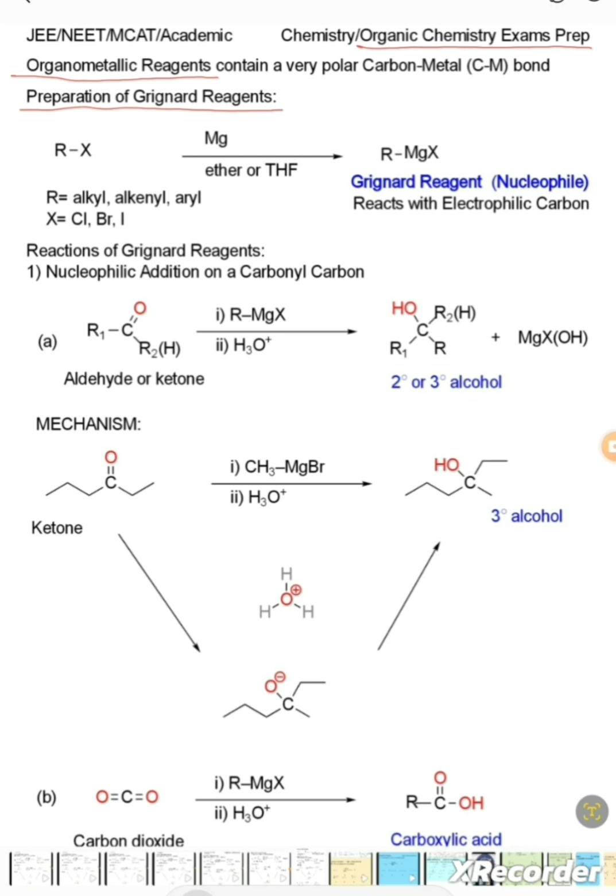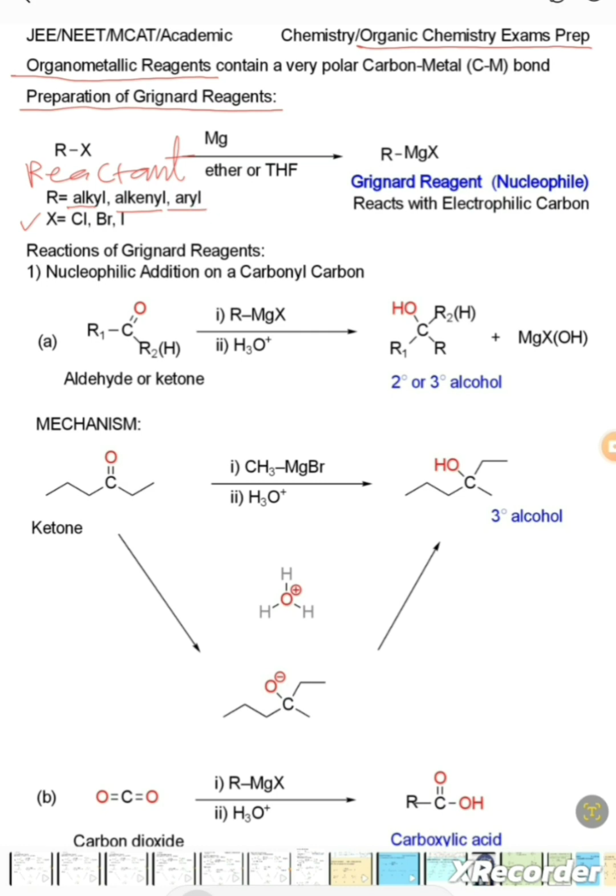So the method of preparation of Grignard reagents is simple. You have your starting compound, alkyl halide, R-X, where X is either chloro or bromo or iodo group, and the R group or the carbon group may be alkyl, it may also be alkenyl like vinyl, and it can also be aryl, for example phenyl group.